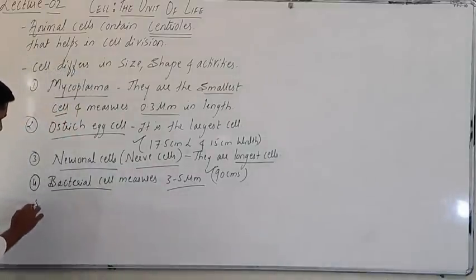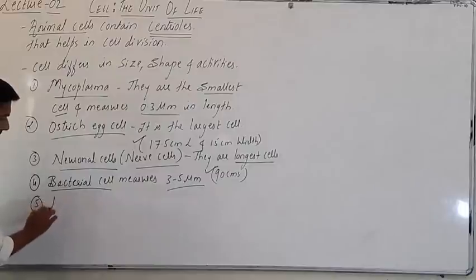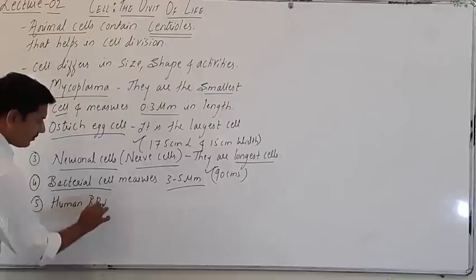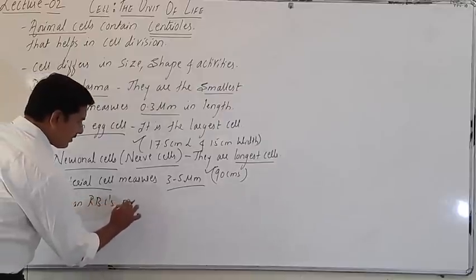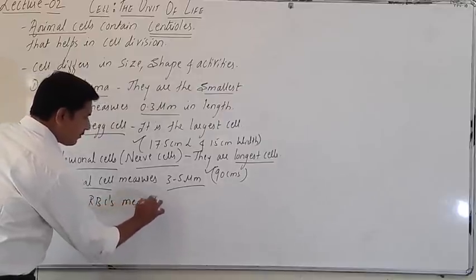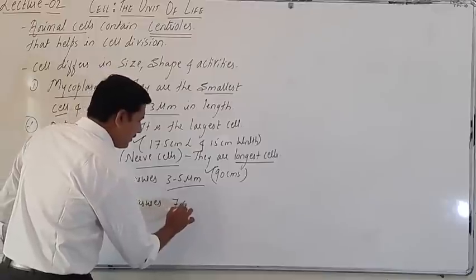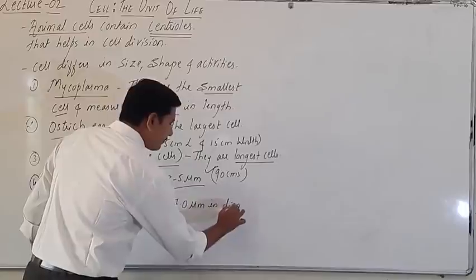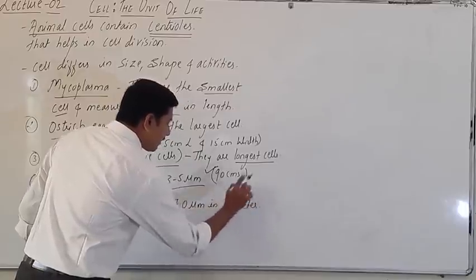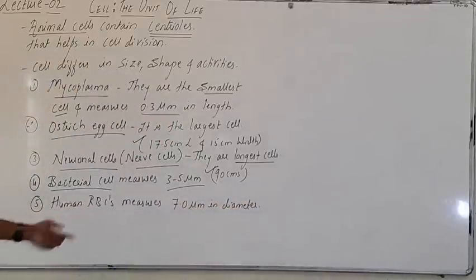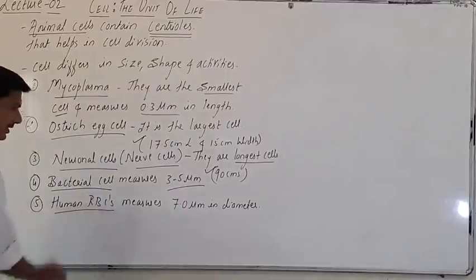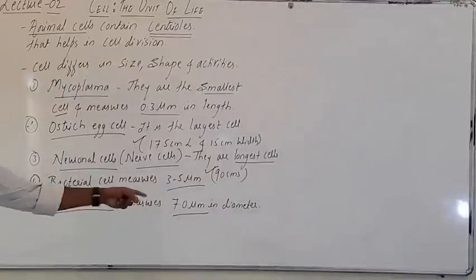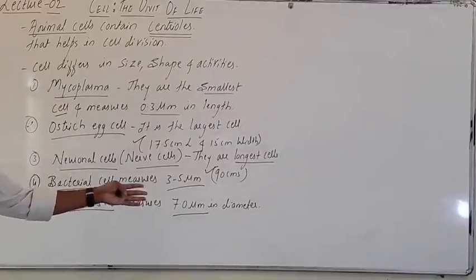Then the fifth one is human RBCs, which measure 7 micrometer in diameter. Look at this part. Here human RBCs measure around 7.0, that means 7 micrometer in its diameter.